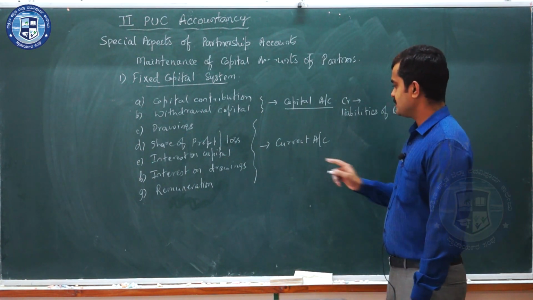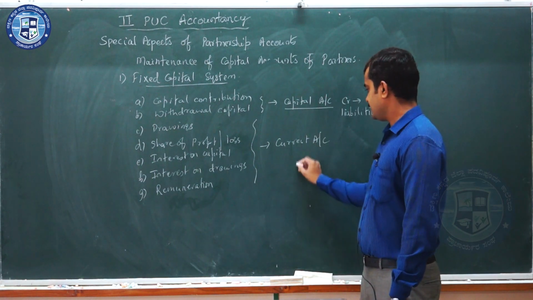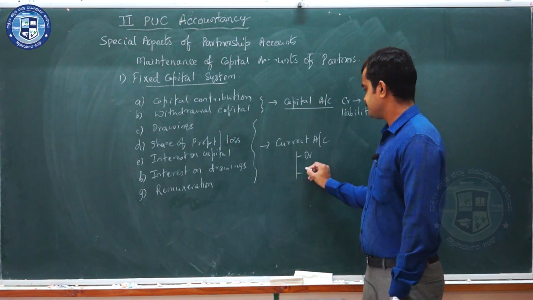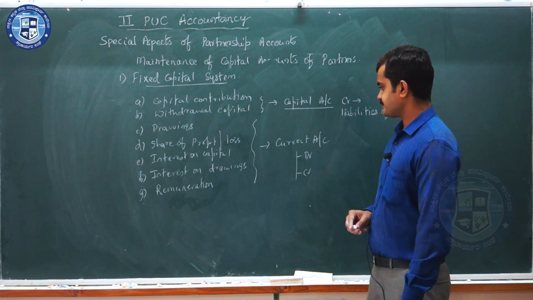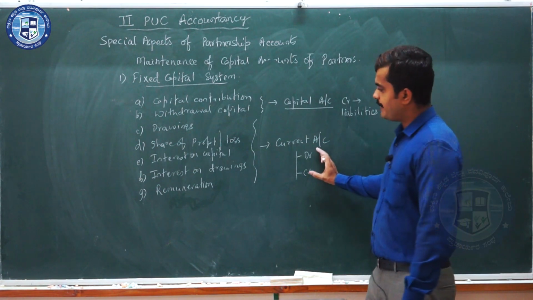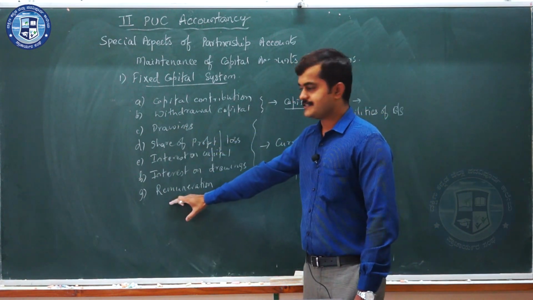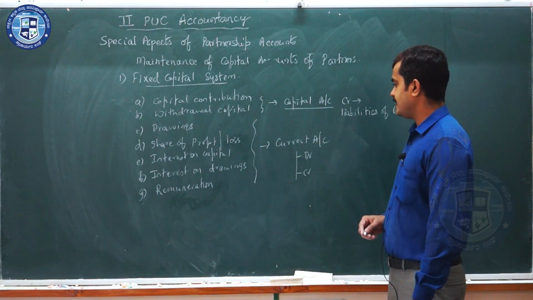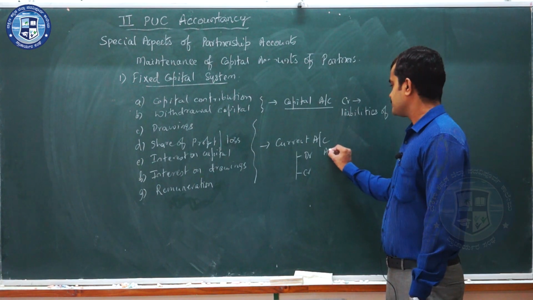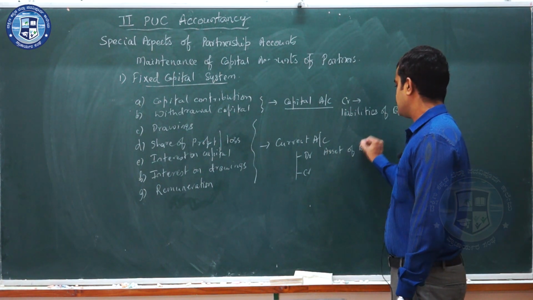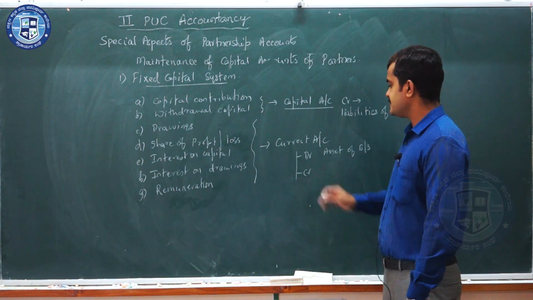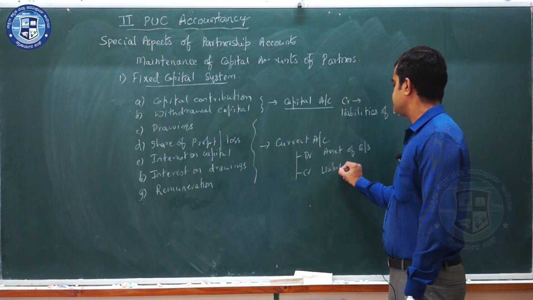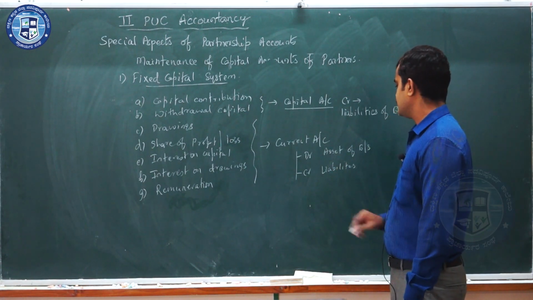On the other hand, current account of any partner may show either debit balance or credit balance. That purely depends on all those 5 transactions which are recorded there. If there is a debit balance in that current account, it will be shown on the asset side of balance sheet. On the other hand, if it is a credit balance, then it will be recorded on the liabilities side of balance sheet.